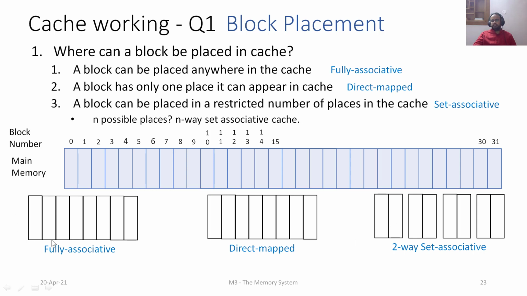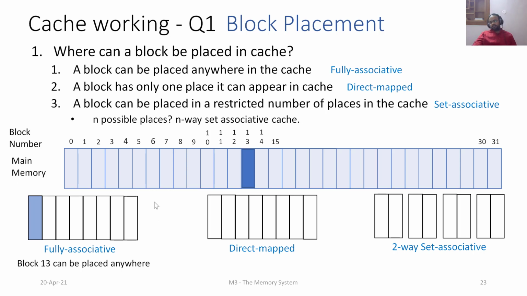So the size of all the three configurations is still the same. Now, if we want to place block number 13 somewhere in a fully associative cache, we can place it anywhere, any location which is free, right? So it can be block 7 or block 6, so on and so forth, or it can be block 1 in the fully associative cache. Wherever we find an empty space, we can place it there.